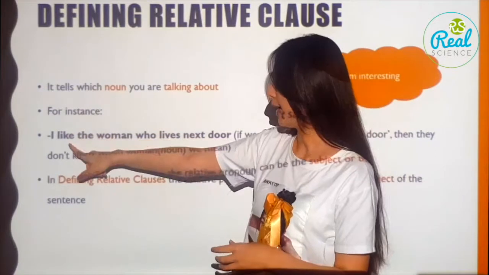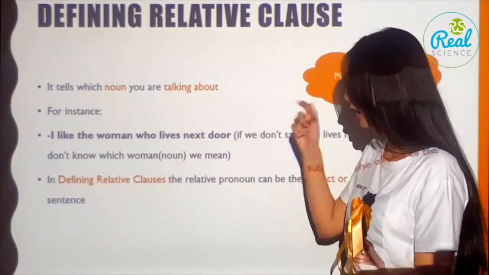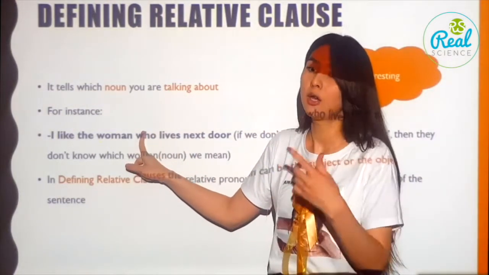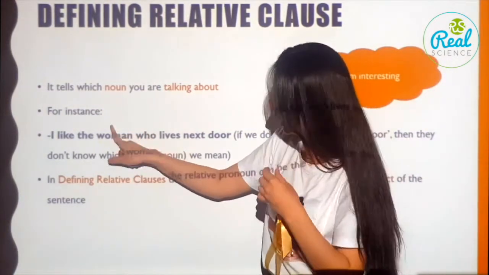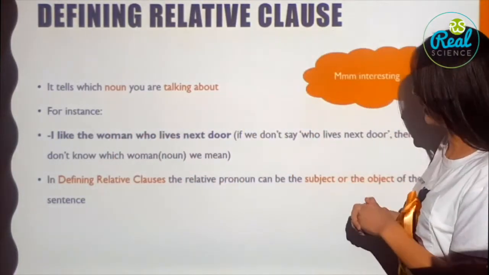The first one, I like the woman who lives next door. So who refers to what? Woman. Good. So it is describing your noun, woman. Now look at the meaning.